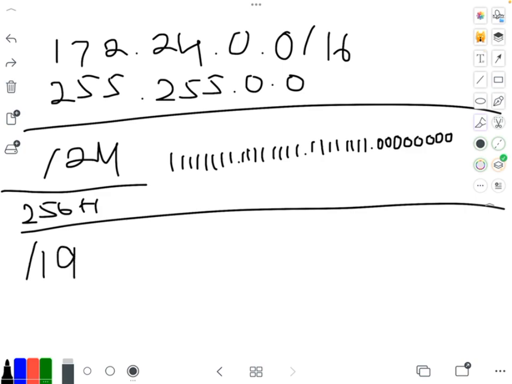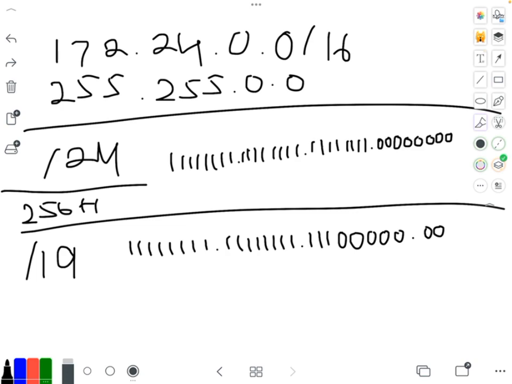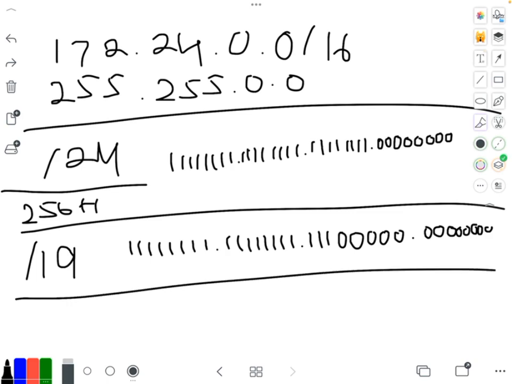So our network is going to become /19, and our subnet mask is going to change. Right. So this is our new subnet mask, right?